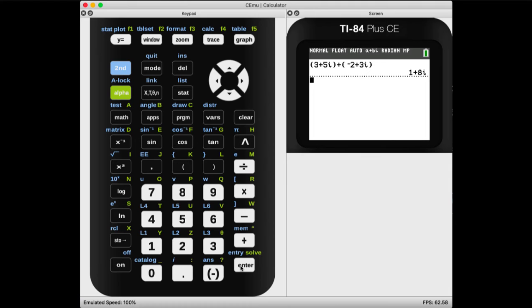So again, we can use this to operate. So to take another example, we did 2i times 2i, and we get -4.